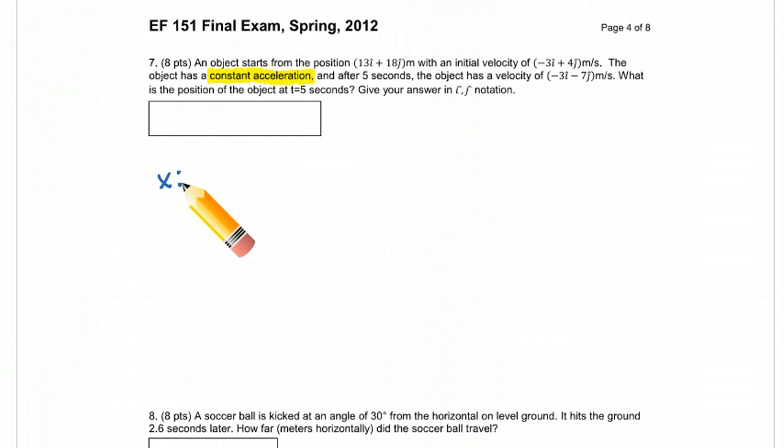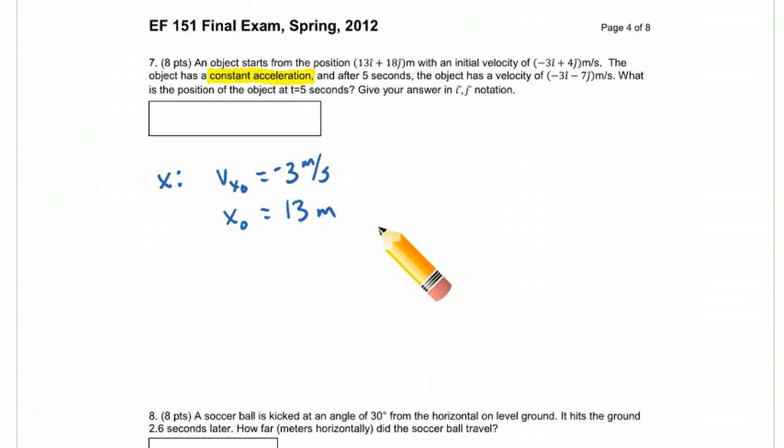So I start with x here. I have my initial velocity in x is minus 3 meters per second. My initial x is 13. And then at time equals 5, I have a new velocity.